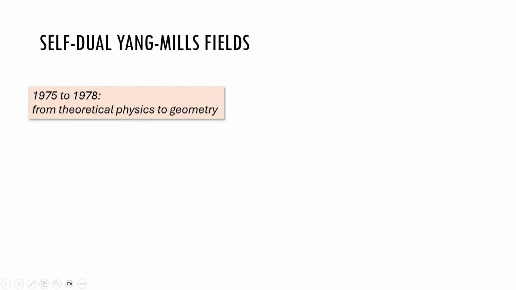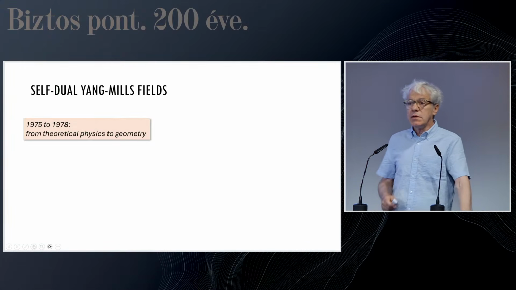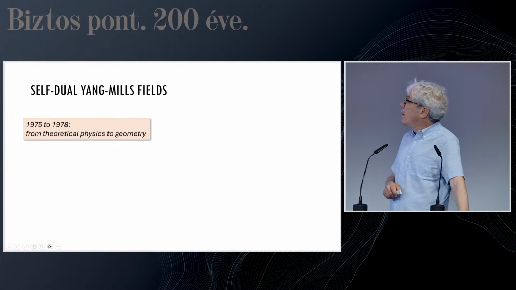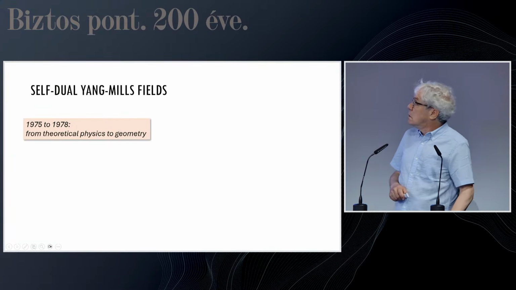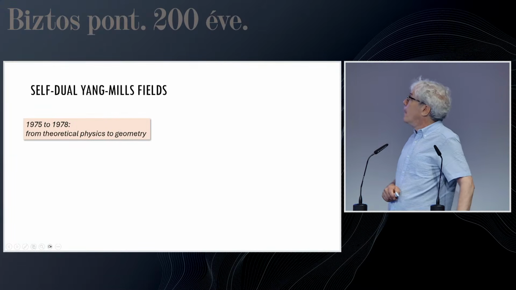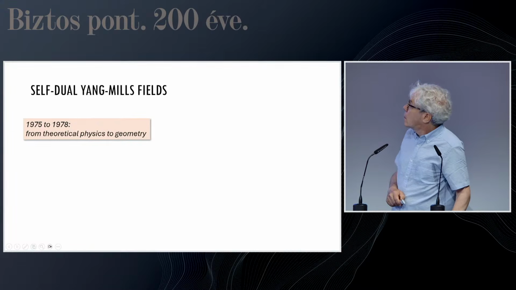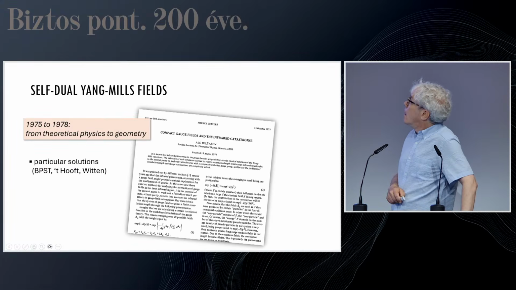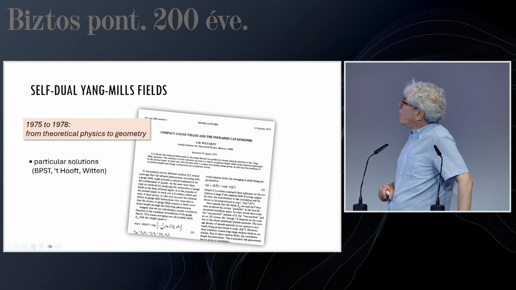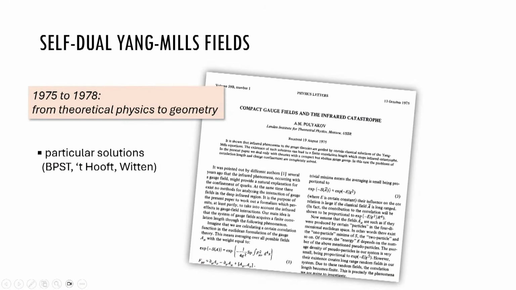Back to a little bit of the history. So we're going to be interested in finding solutions to these equations, initially on four-space, R4. And the people who went looking for solutions were theoretical physicists. A paper by Polyakov and a follow-up paper by four authors gave the first interesting solutions to these equations on Euclidean four-space.